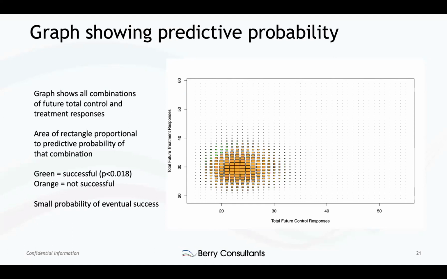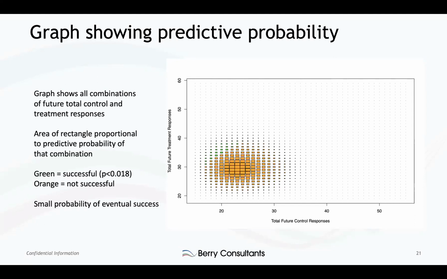Well, I'd answer that in two ways. If one of the goals is to demonstrate that a treatment doesn't work, then you may want a futility bound where you actually say, I need to have a certain amount of evidence that my treatment effect is small, not just that my trial doesn't work.